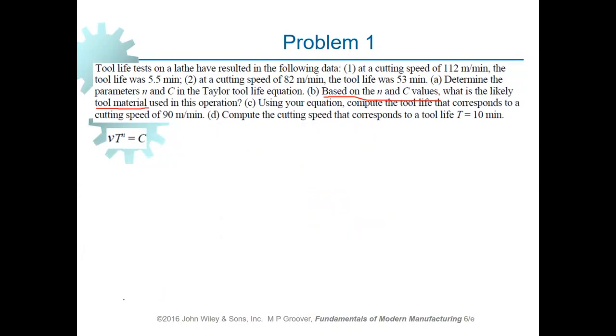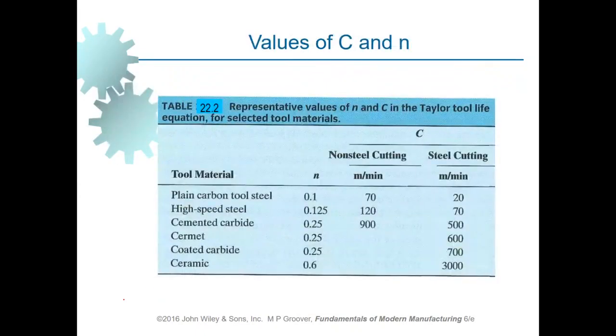We've got to take a look at the slide that we had in the previous page, this one. In this slide, there is a table which is giving us the different values of n and c. And we've got to see whether the computed values of n and c in the problem we are working are closer to which one of the values given in this table, and that one indicates the type of the tool material.